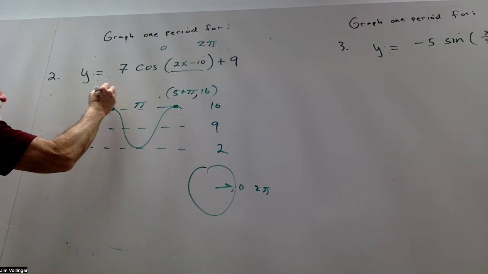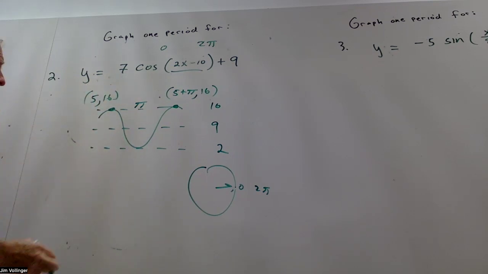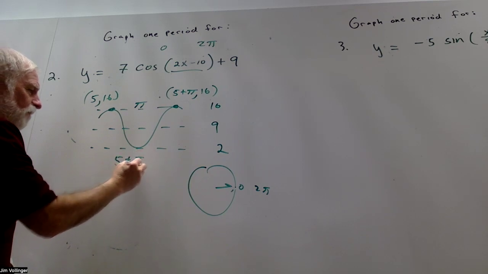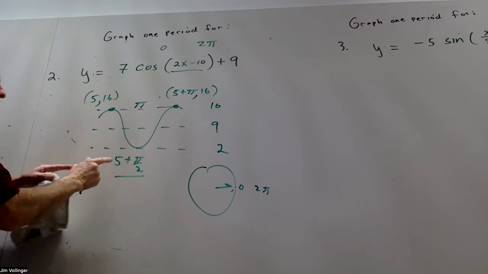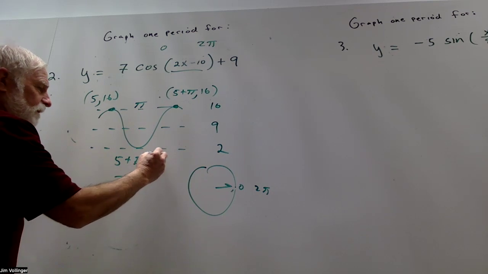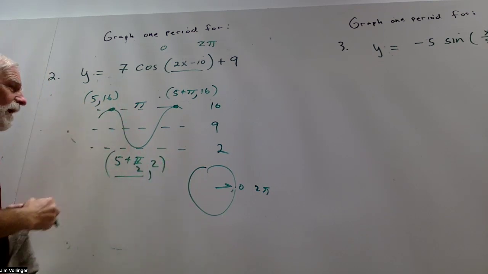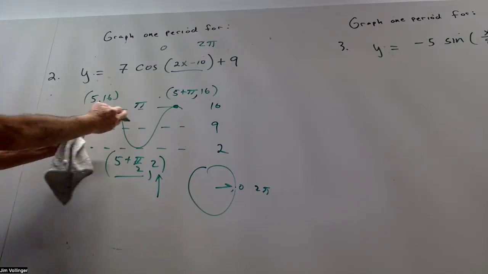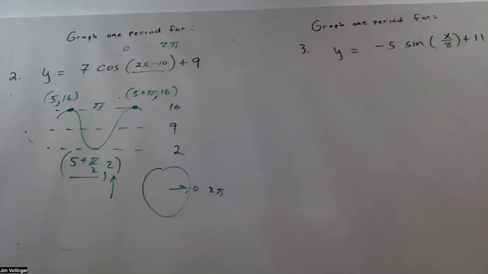This one gets me 16. And now I really own this thing. So 5 plus pi over 2, you might want to put this input in to see if you are seeing the calculation correctly to get 2 as an output. And you can put more values on there.